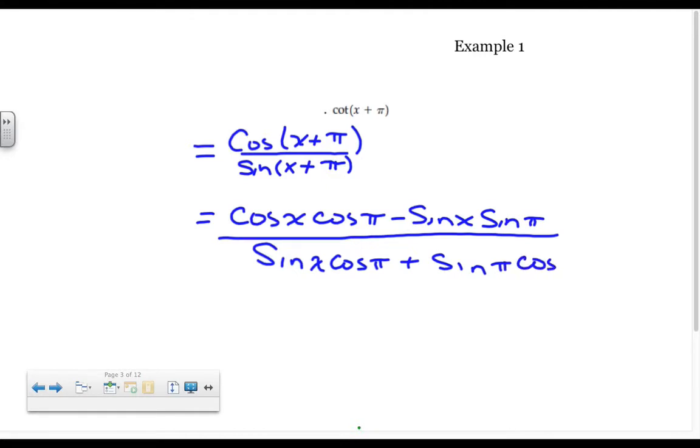All right? Now, I know what cosine and sine are of pi, right? So the cosine of pi is -1 and the sine of pi is 0. I know that from my unit circle. So cosine pi equals -1 and sine pi equals 0.